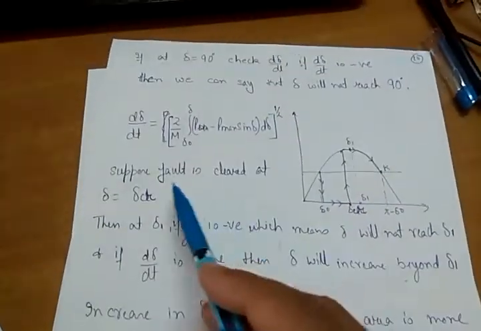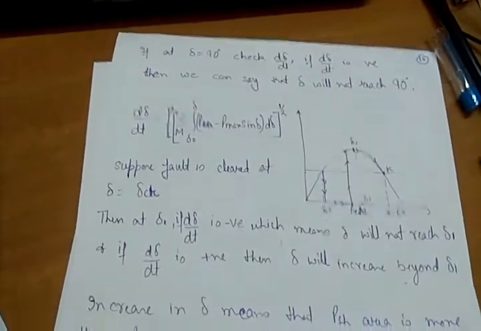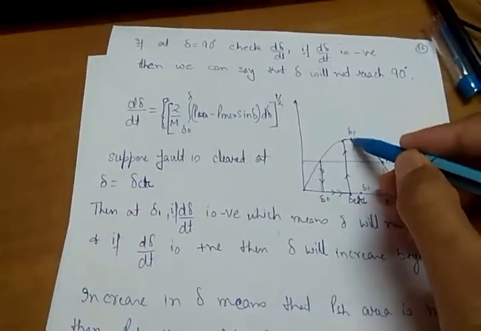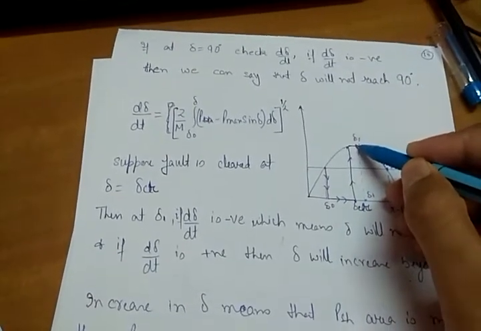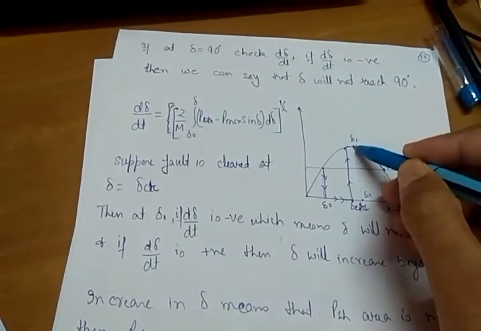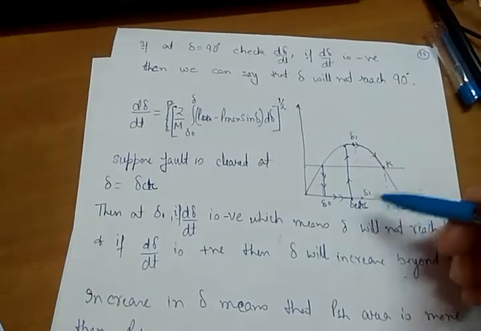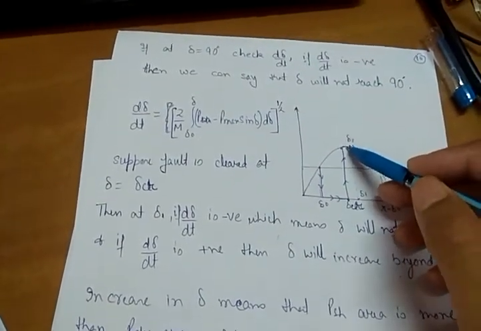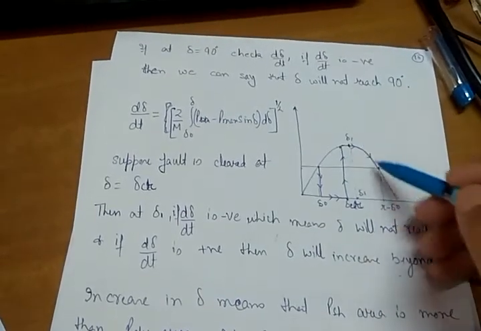So suppose the fault is cleared at delta equal to delta cr. Then at delta 1, we will measure d delta upon dt. If it is negative, that means delta will not reach delta 1. But if it is positive, then delta will increase and go beyond this, which is the case here.